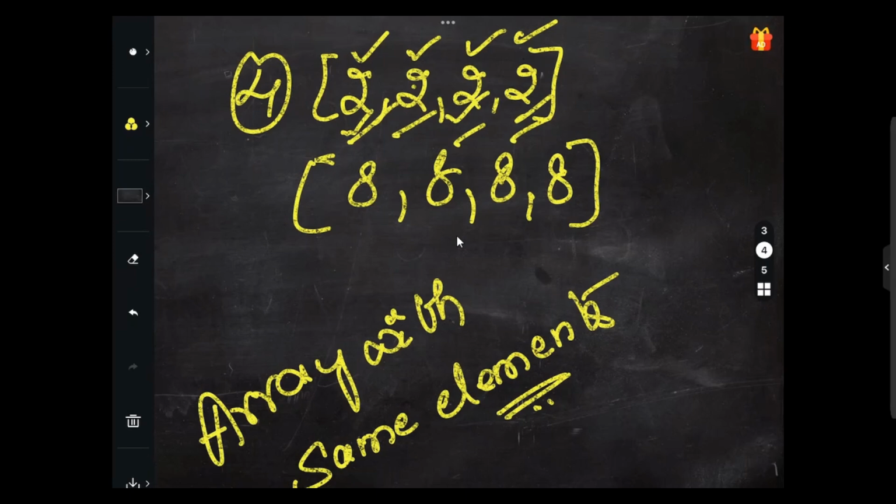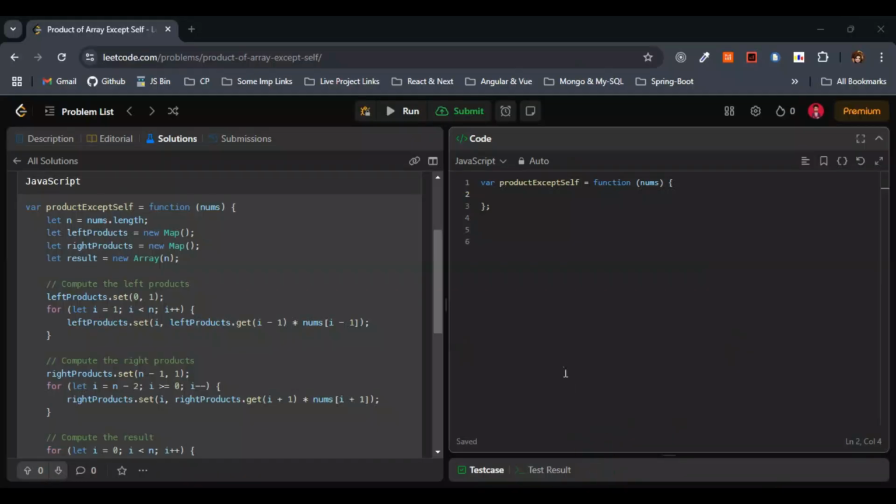Next, let's discuss the approach and start writing the code. I'll just explain while writing the code itself. So here the approach that we'll be going with is map based prefix suffix multiplication, right? So first, we will compute the left products.